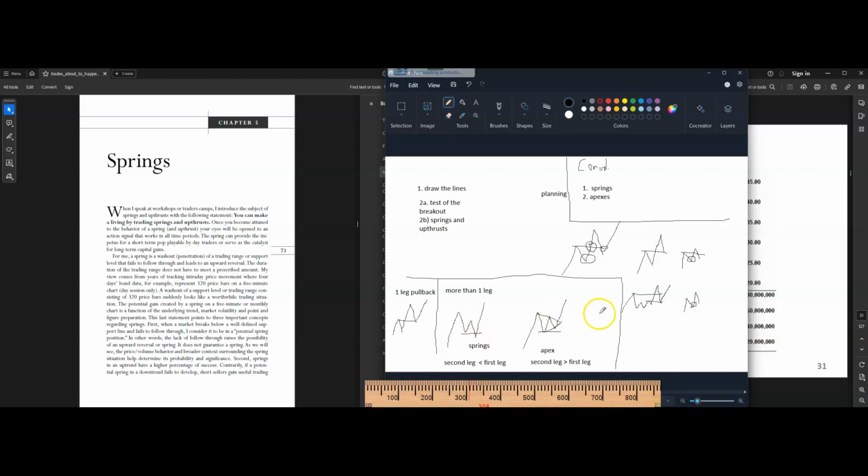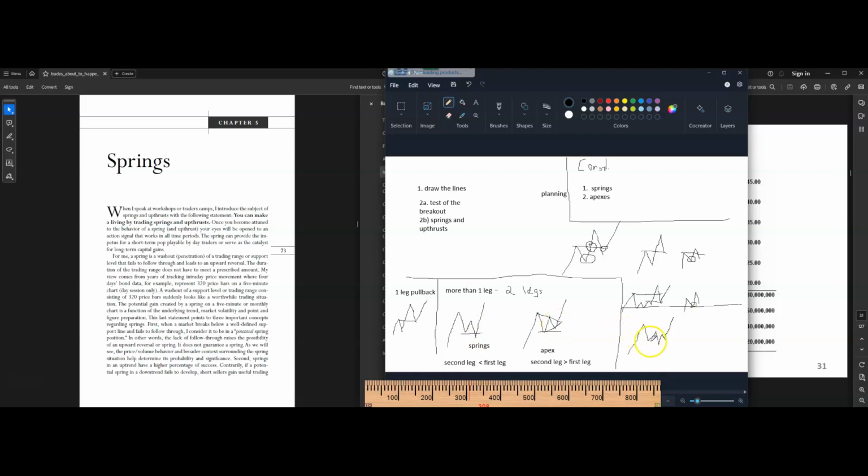And I'll prove this to you. Let's say you have more than one leg, so this I use 2 legs. In the case that you have 3 legs, what happens? It goes down, hits the spring, hits the retest of the spring, and goes. So it makes a lower low and then makes a higher low. It's basically a combination of the spring and the apex.